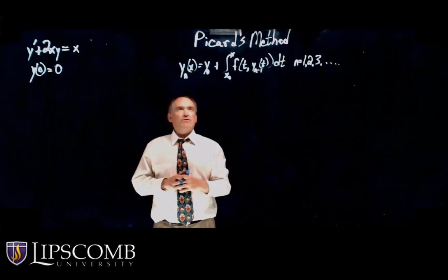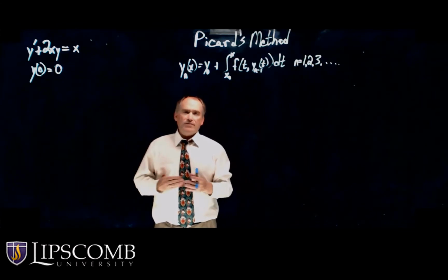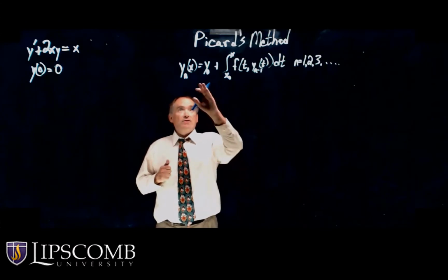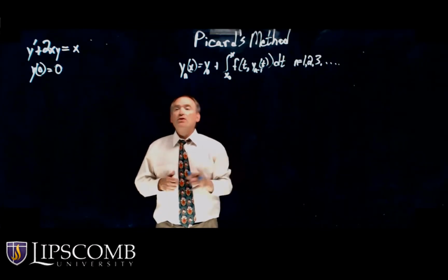y sub n of x equals y sub 0 plus the integral from x sub 0 to x of f of t, y sub n minus 1 of t dt. And this goes for n natural numbers. So what I have to do is get it in a form so that I can plug it into this formula.